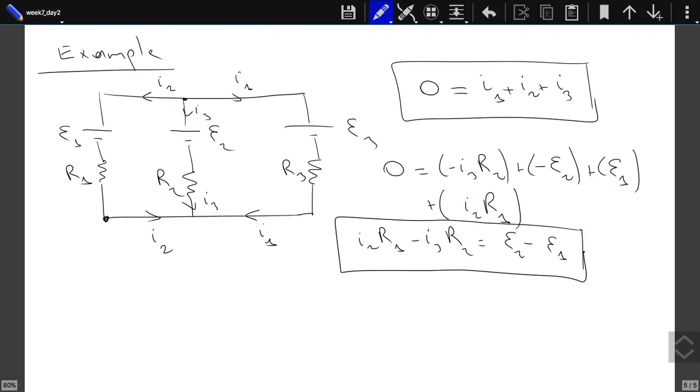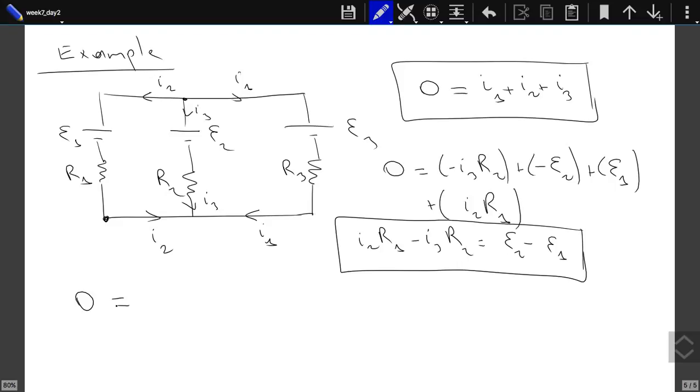I need one more. I can again take this point and go around this larger loop. Now, if I go around that larger loop, from this point up to this point, what is the potential drop? 0, there is no resistance, there is no potential drop anywhere. From this point to this point, what is the potential drop?